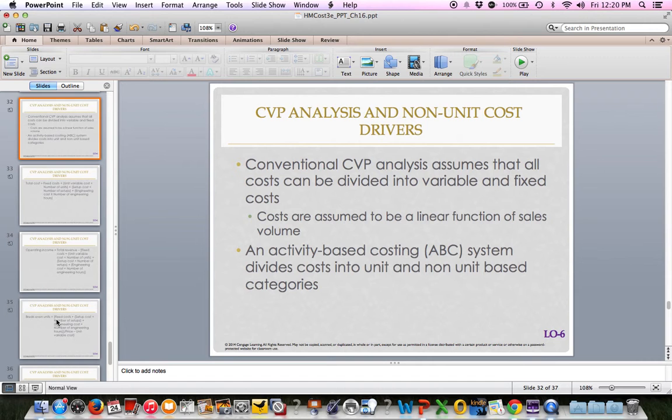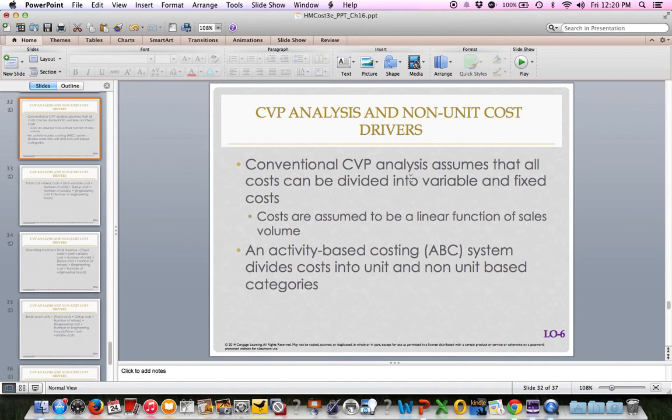Okay, so also know that CVP basically says all costs can be divided between fixed and variable. That's the basic foundation for CVP analysis. On pages 850 and 851, they begin to throw another wrench into this by saying, what if we used ABC?